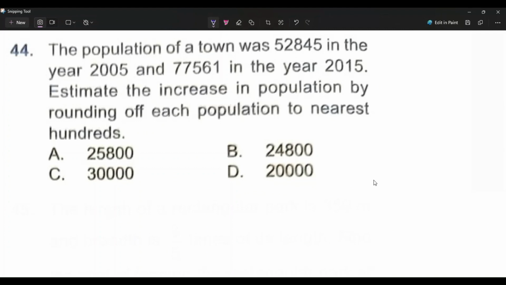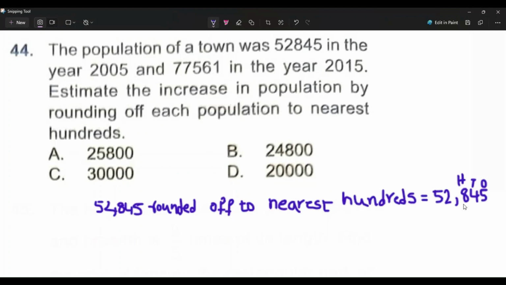Question number 44. The population of a town was 52,845 in the year 2005 and 77,561 in the year 2015. Estimate the increase in population by rounding off each population to nearest hundreds. So 52,845 must be rounded off to nearest hundreds.